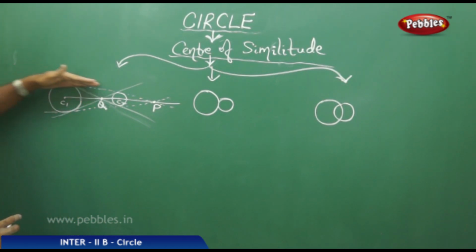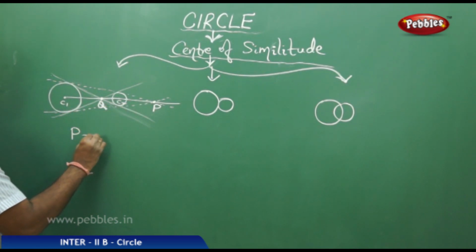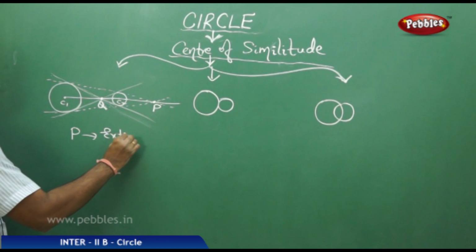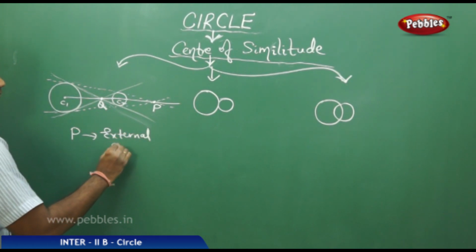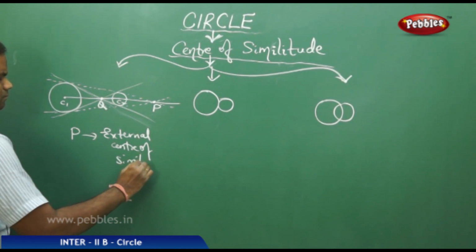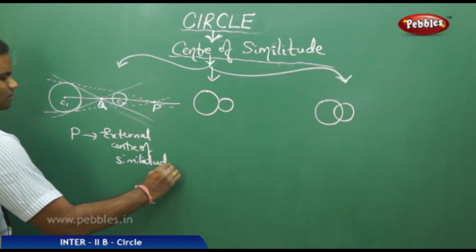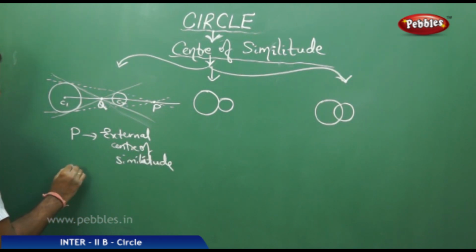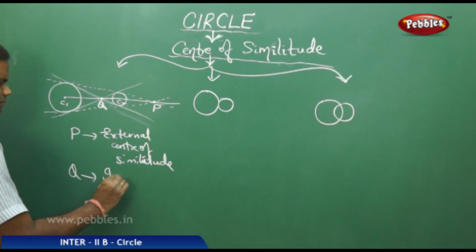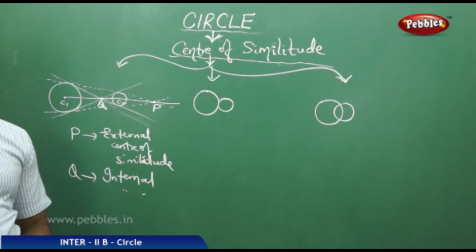So in this case, P is called the external center of similitude, and Q is called the internal center of similitude.